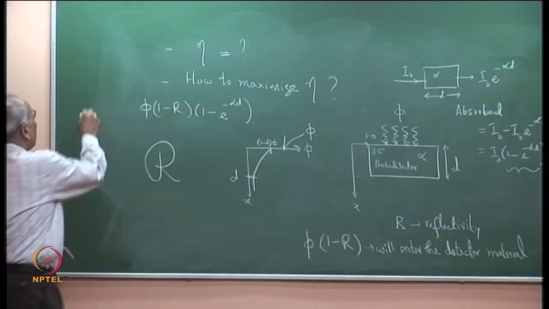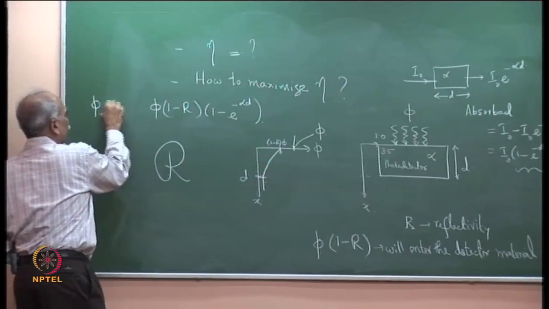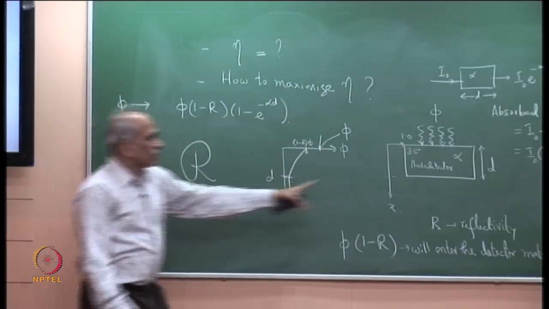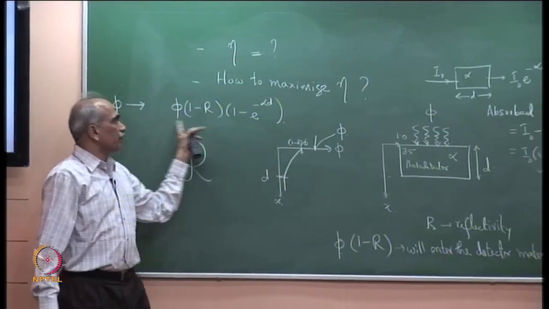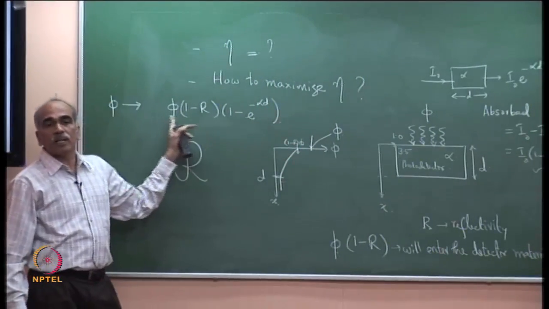What am I showing? My incident was phi. After coming out here, this is the fractional number of photons which are absorbed.